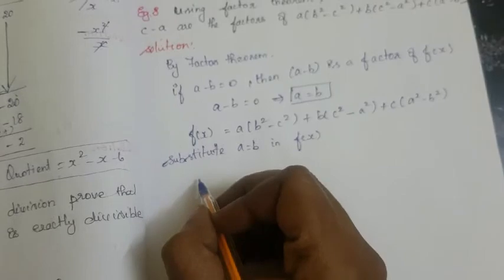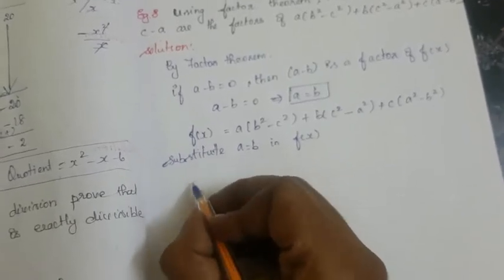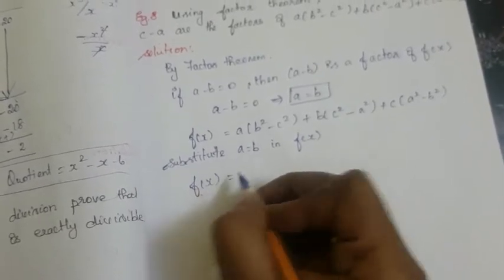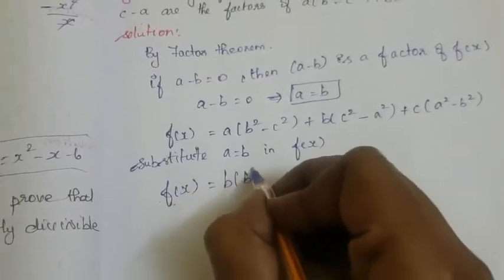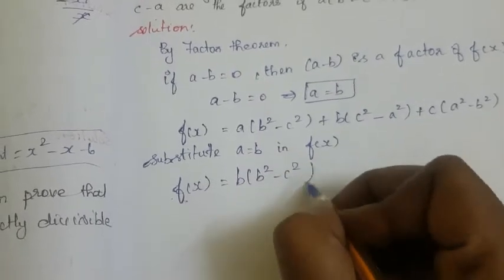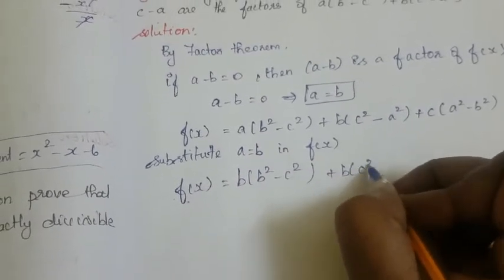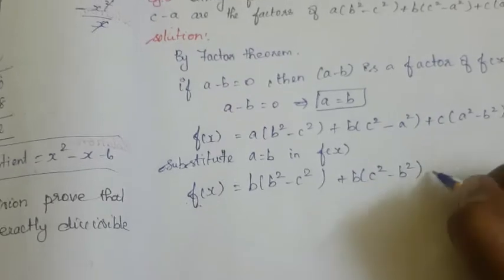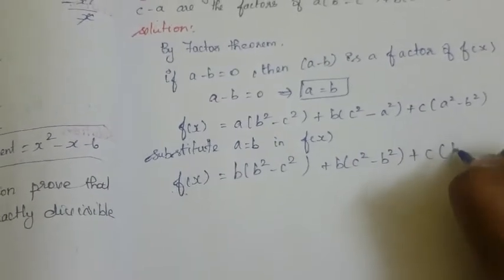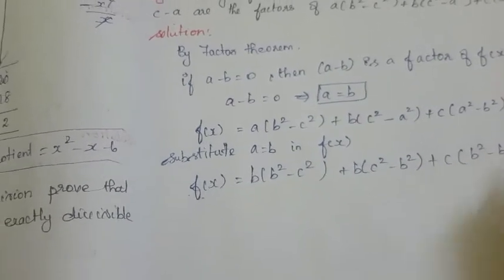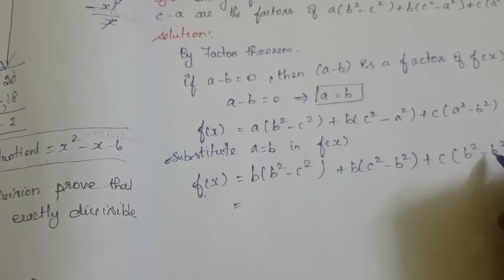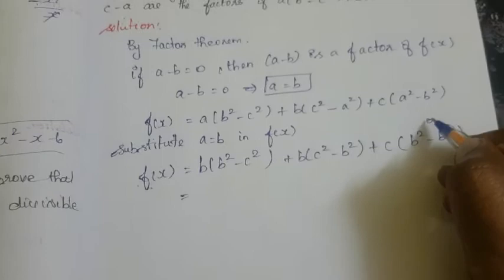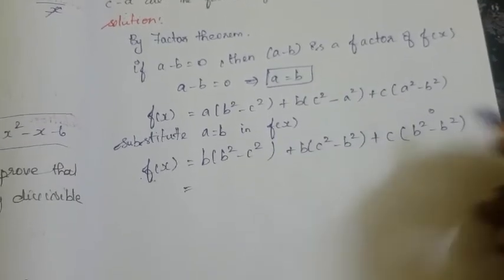Wherever you have seen the a, you have to change it into b. So b into b squared minus c squared plus b into c squared minus b squared plus c into b squared minus b squared. This term will become 0, right? B squared minus b squared will become 0, so the entire term will be 0.